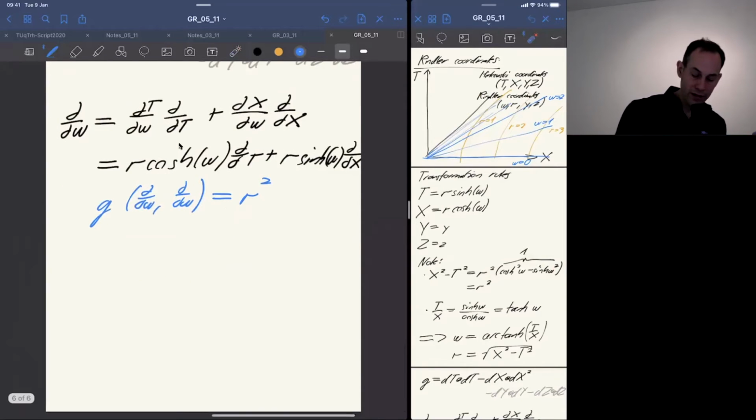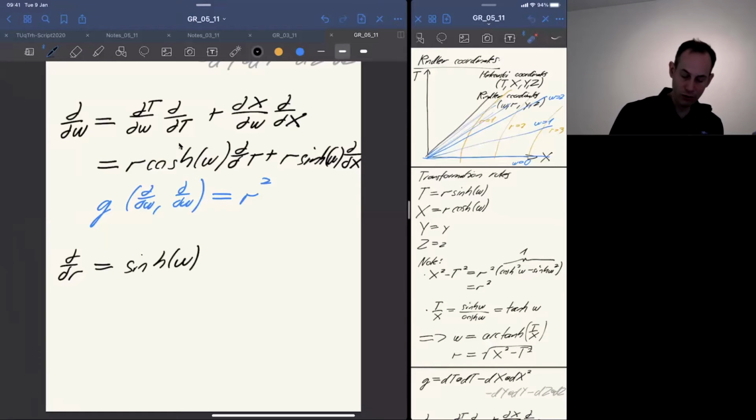And we can do the same game with ∂/∂r. That's just the direction vector if I increase the r component. Here I again take the derivative. I'm not doing that in the same level of detail. I just write down the solution.